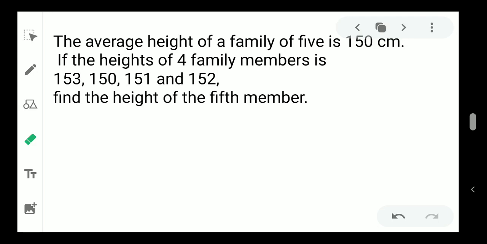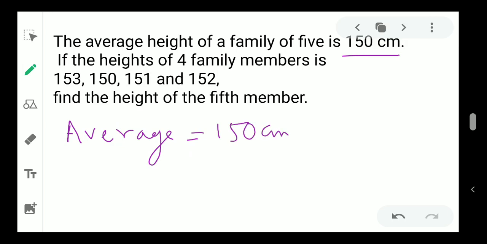The average height of a family of 5 is 150. So average is given. Okay, very good. I'm writing average. Number of family members is 5.